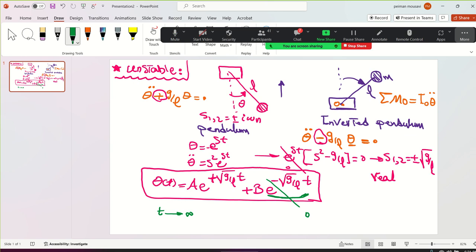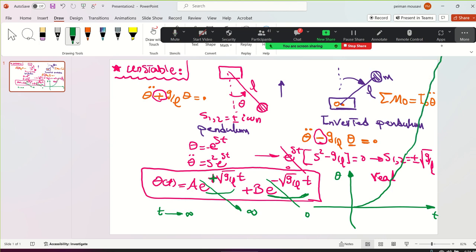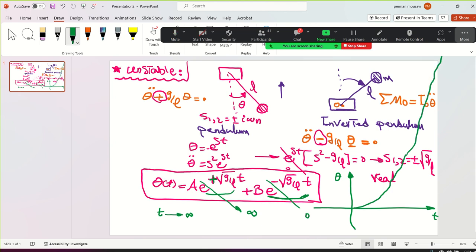Yes? And this is going to go to where? This is plus infinity. So if I plot it versus time, the angle is going to increase forever, and your system is unstable.